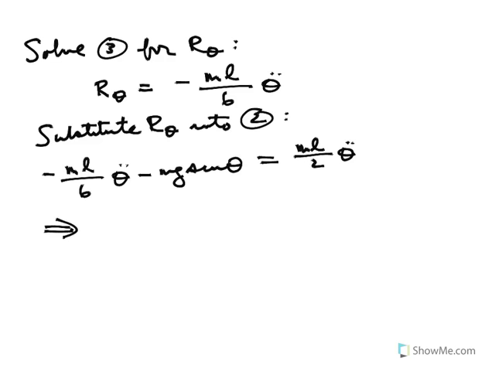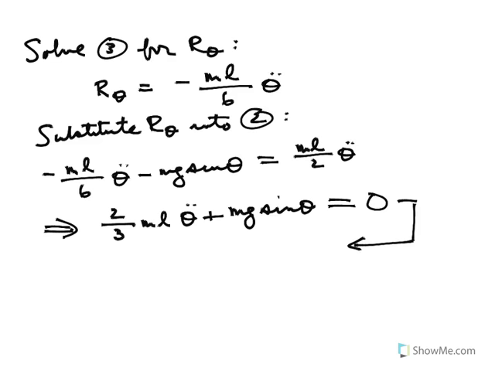So if we put everything on one side of the equation, we've got ml over 2, ml over 6. ml over 2 is equal to 3 ml over 6. So we've got 3 ml over 6 plus ml over 6, which is 4 ml over 6, which gives 2/3 ml theta double dot. And then if I bring the mg sine theta over to one side, I get that. That is the differential equation.